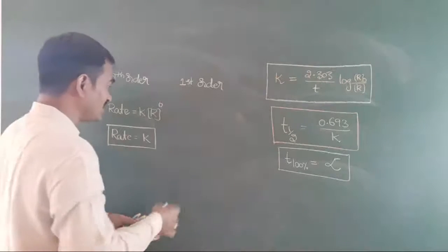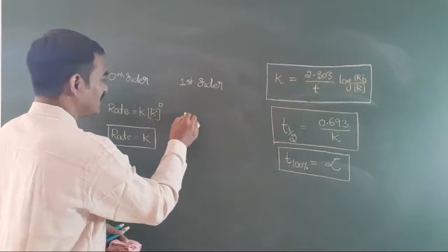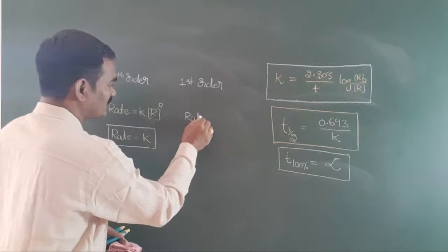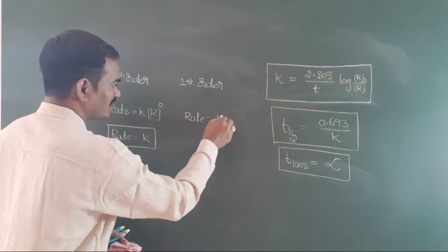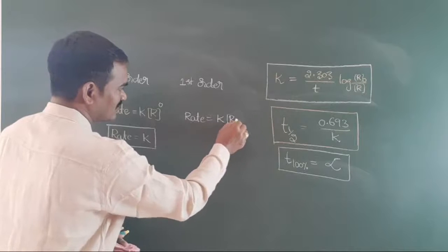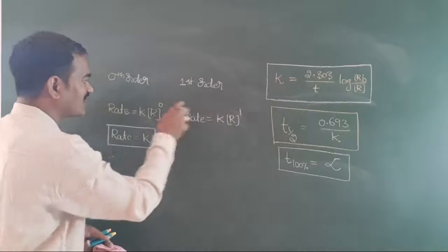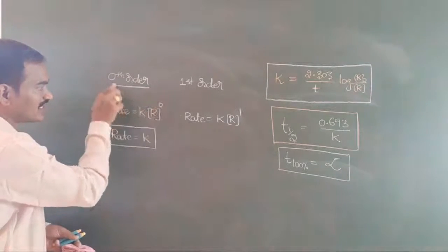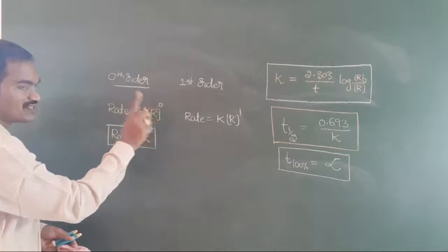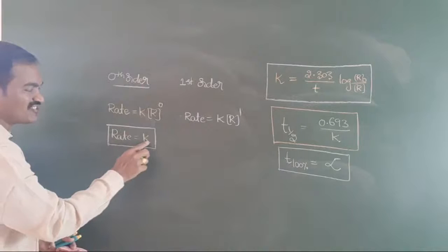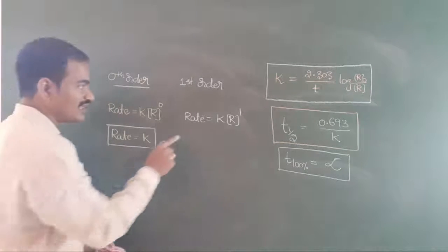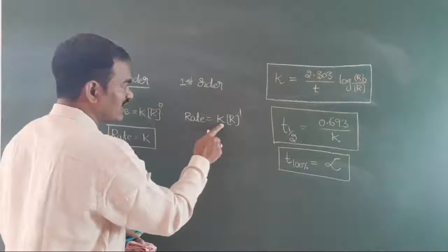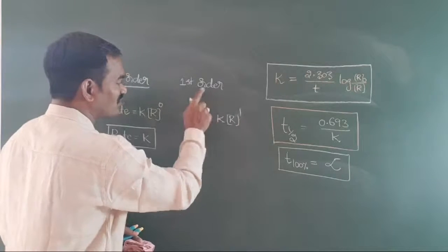But here you see, rate is equal to k into R to the power 1, because it's a first order. For zero order, R to the power 0 is equal to 1, therefore rate is equal to k. Now in first order, it is R to the power 1.